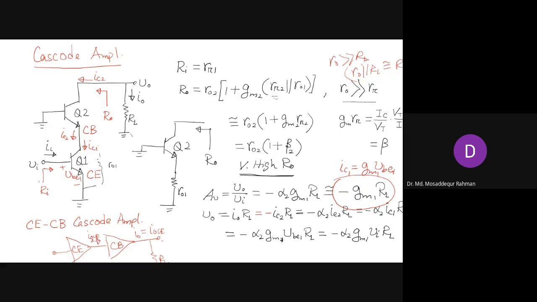So the whole current is being transferred to RL. That is how it works. If we didn't have this current buffer, what happens in the case of the common emitter directly connected to RL?